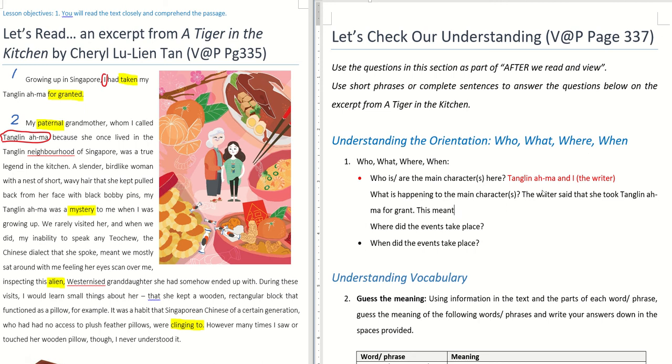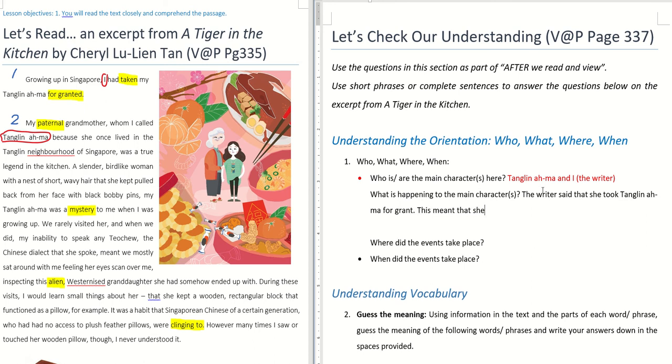This meant that she underestimated the value of her grandmother. So that is what happened to the main character. What is the value of her grandmother? What did her grandmother do? Tangling Ama showed her love by cooking for her family.